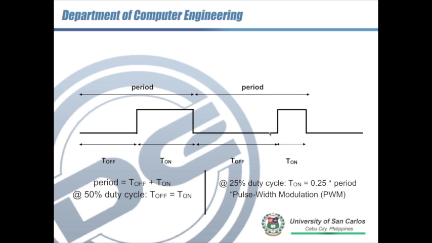Now we could also have T off lesser than T on. So if T on is not equal to T off, it means that the pulse has been modulated and it's not operating at a 50% duty cycle.